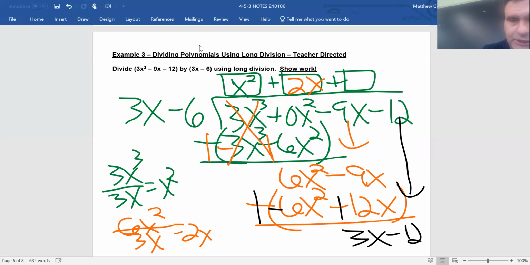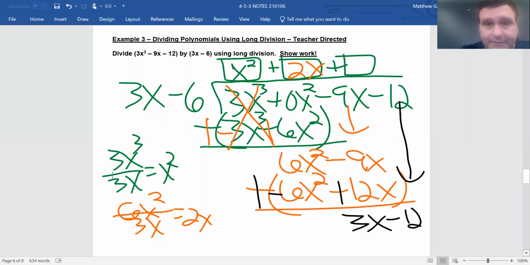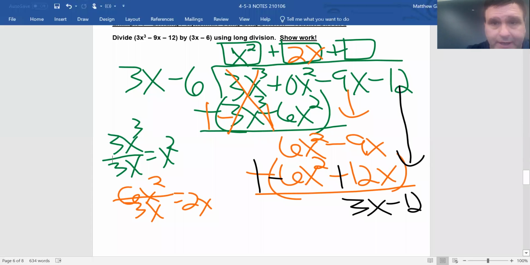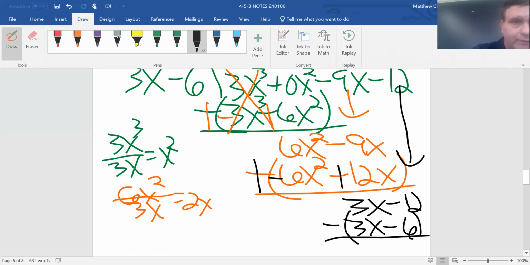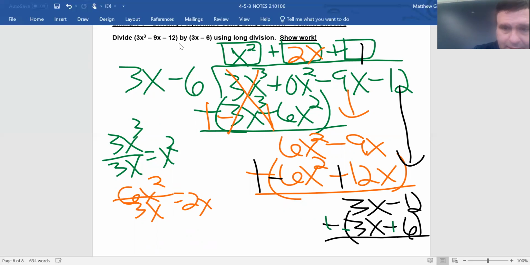So we can see here that 3x minus 12 and 3x minus 6 aren't the same, so that means you have a remainder. 3x into 3x is just 1. And then we get 3x minus 6. You're going to get your remainder here. It's negative 12 plus 6, which is negative 6.